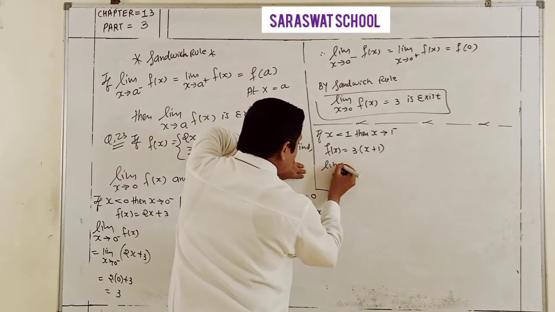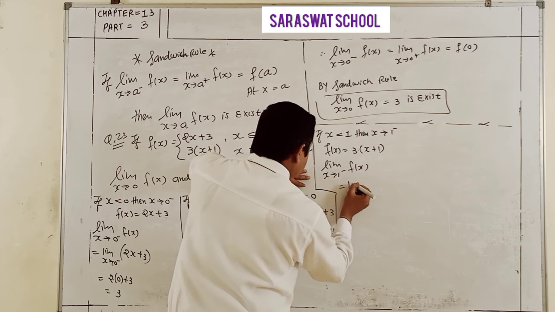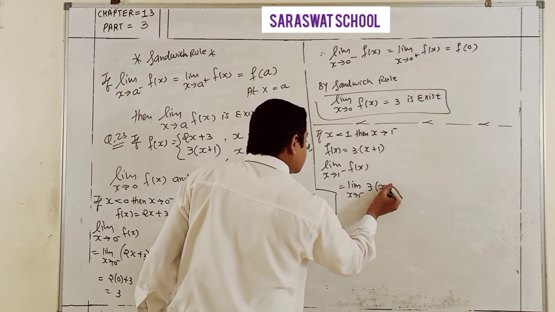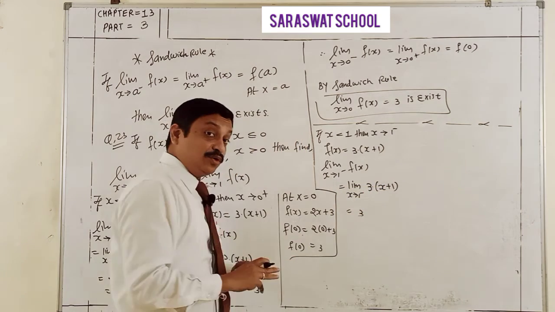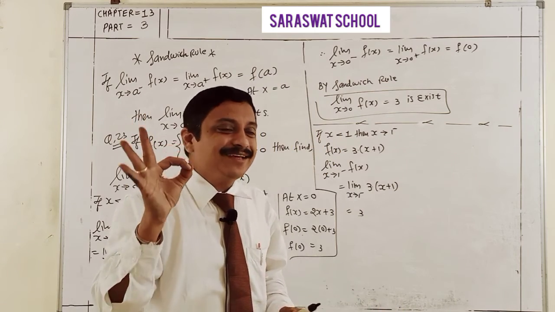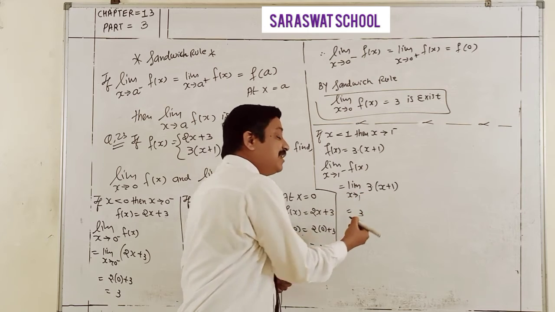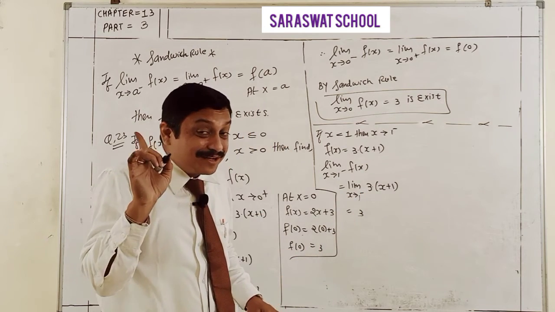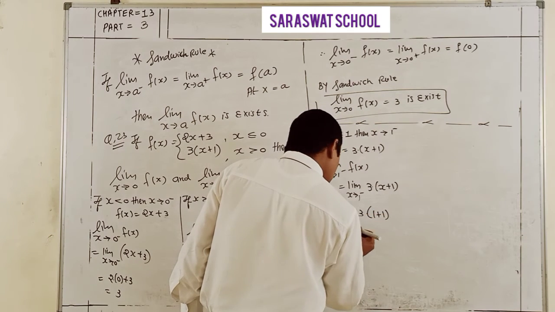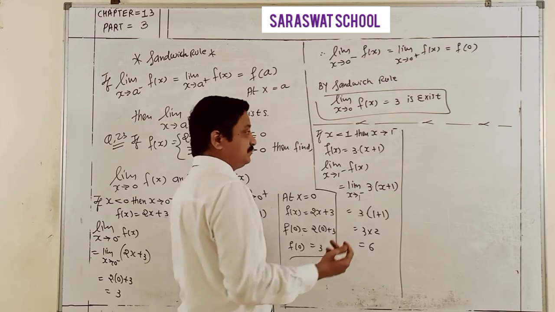So limit x tends to 1 negative of the function, my function is 3 times x plus 1. Students, you put only the number 1, never apply minus 1. Minus only indicates here, students, that it is a left hand side limit. Only put 1, not minus 1. 3 into 1 plus 1, 3 into 2. It is the first data coming.